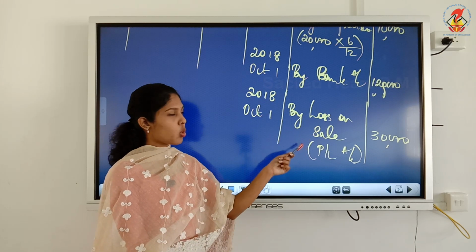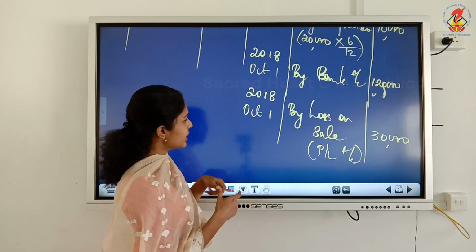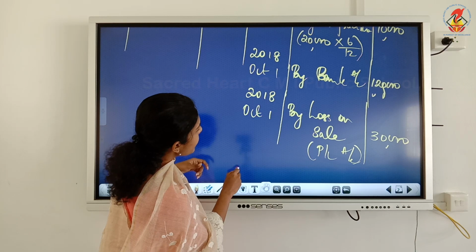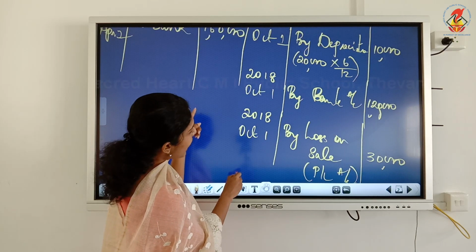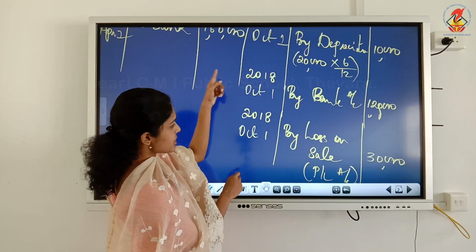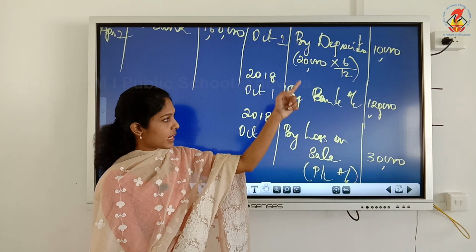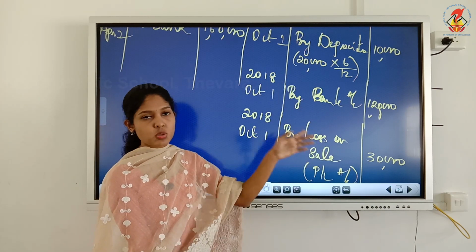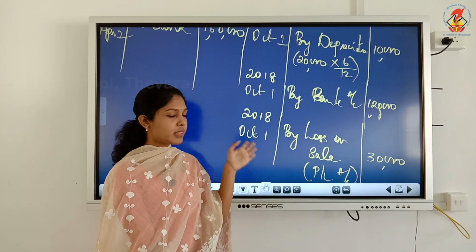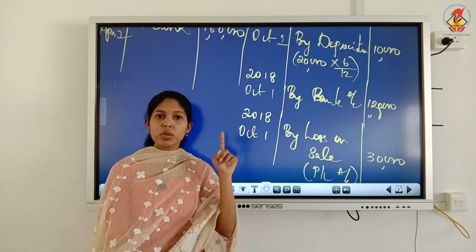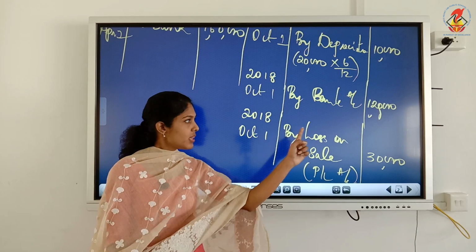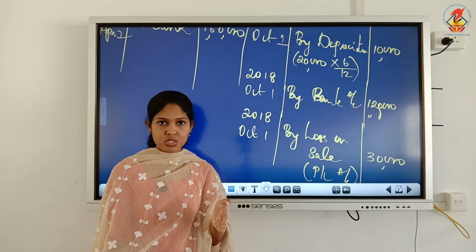Now this account is over, we can find the balancing figure, see whether there is any balance for this account. Here we have 1,60,000, just add your credit side total 1,60,000. So there is no balance in this third year because we had only one machinery and we sold it fully on 1st October.